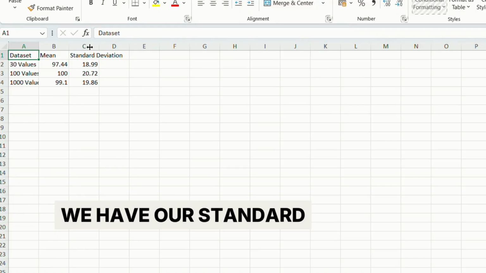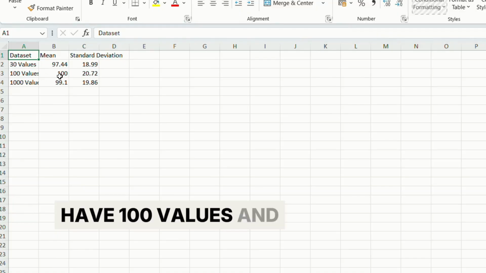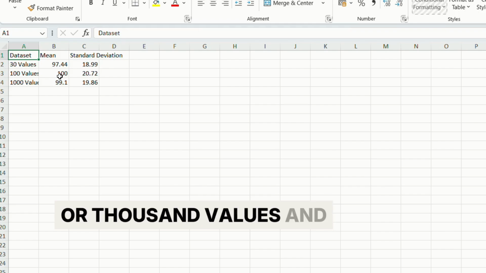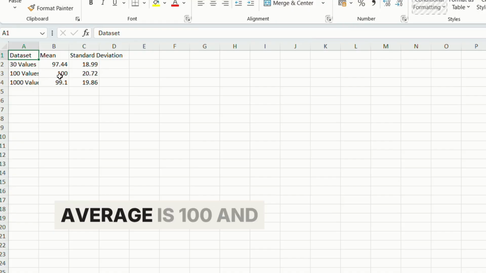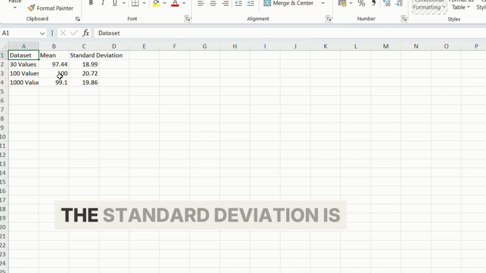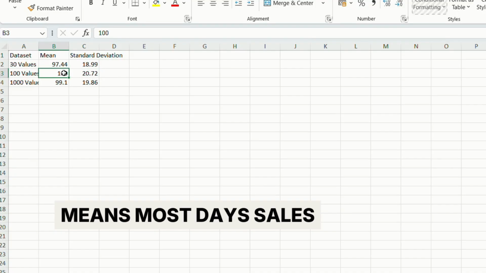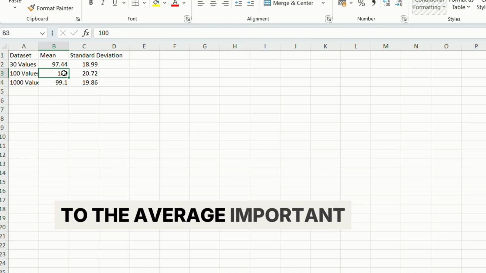If we have 30 values or 1000 values, the average is 100 and the standard deviation is 20, right? This means most days' sales stay close to the average.